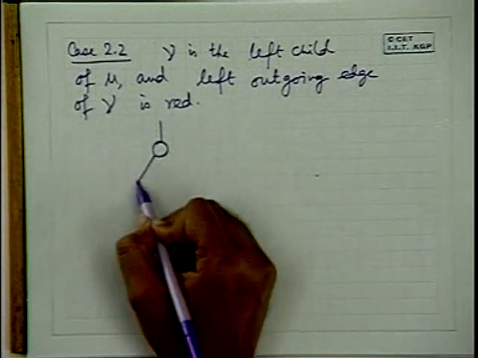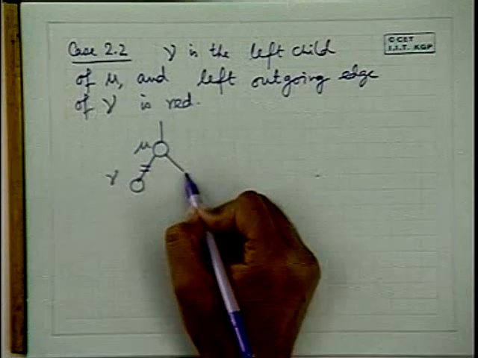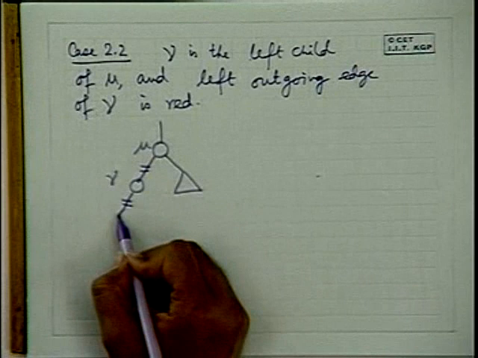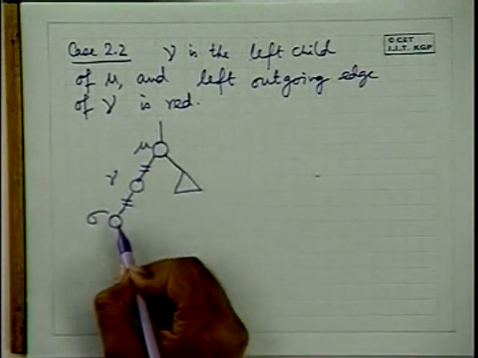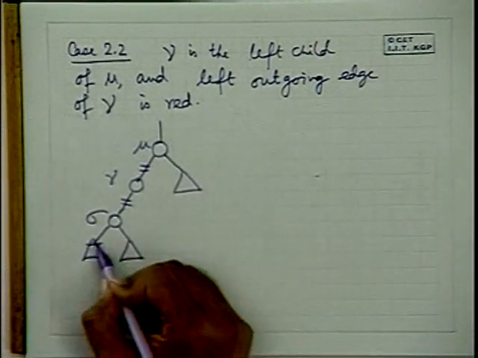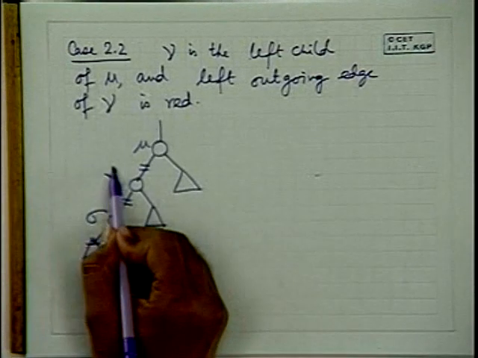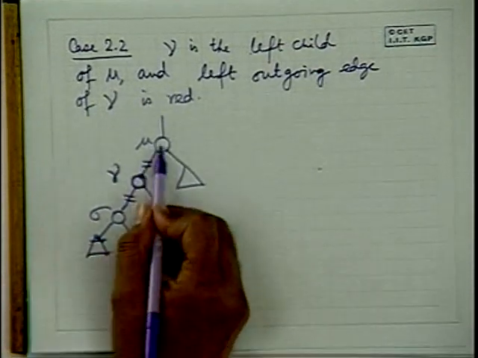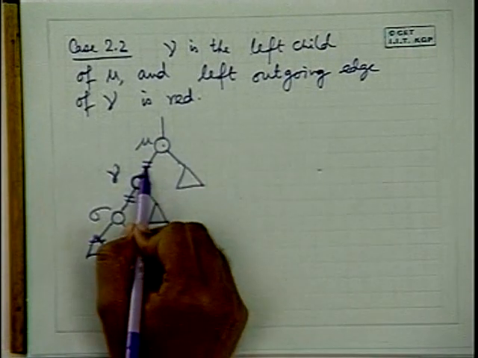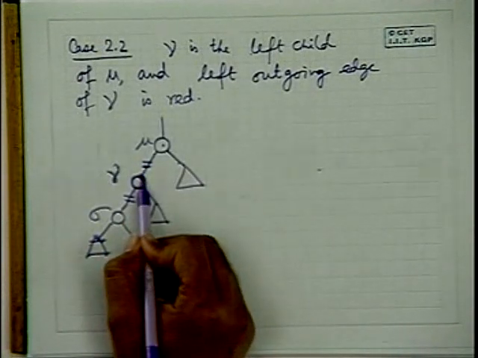So this is the situation now. This is nu, this is red, it has this one which is black. This is red, and suppose there is a tree here, there is a tree here. So I am taking care of this node here. We are looking at the parent. Again one of the edges is red, and suppose this is the red one, because if it is not red, it's okay, nothing is violated.